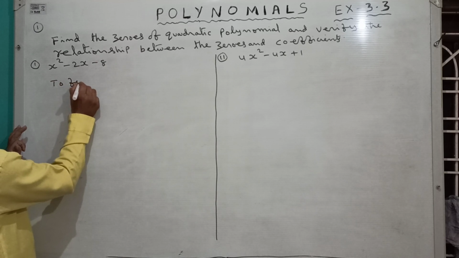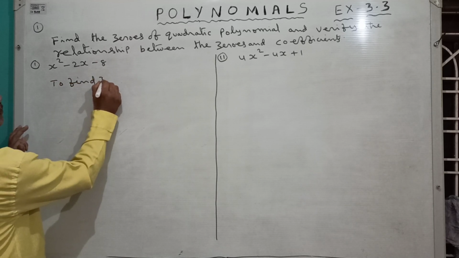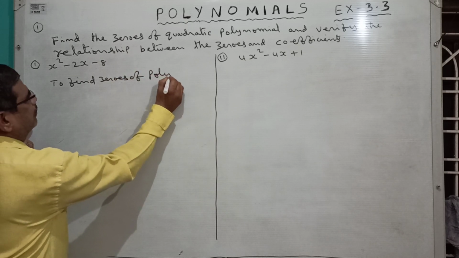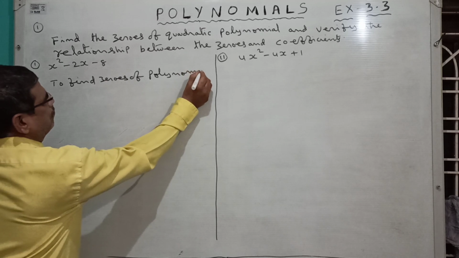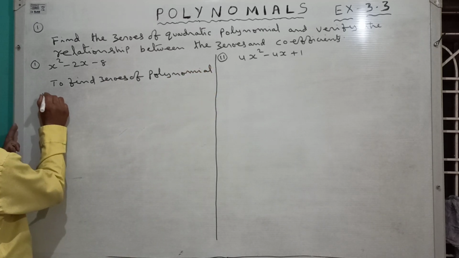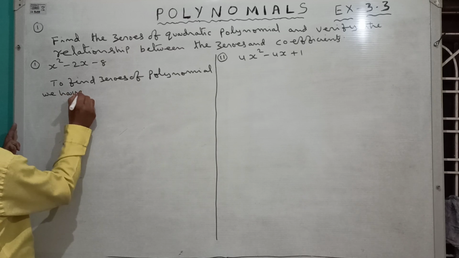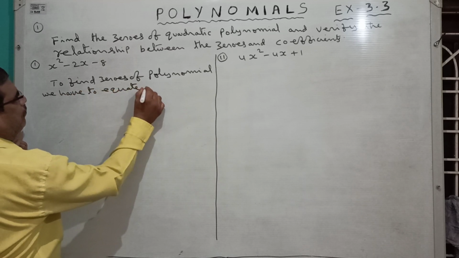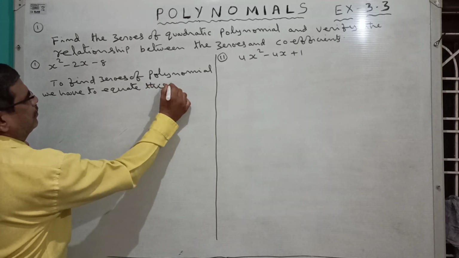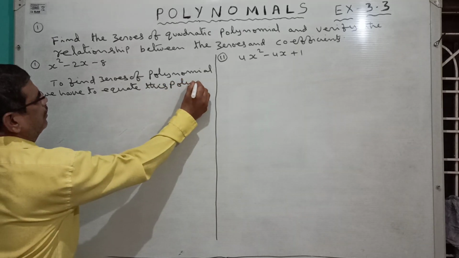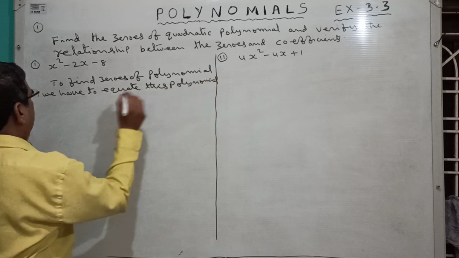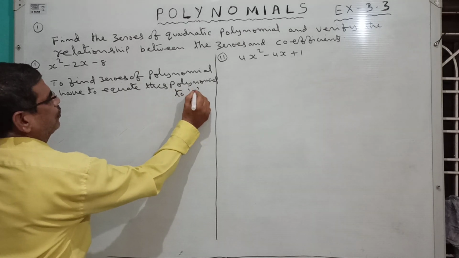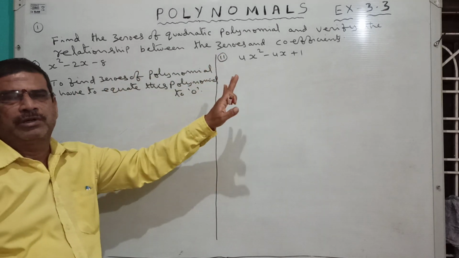To find the zeros of the polynomial, we have to equate this polynomial to 0.